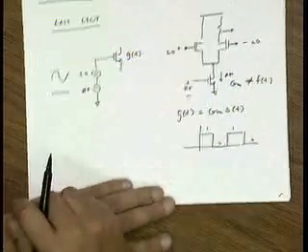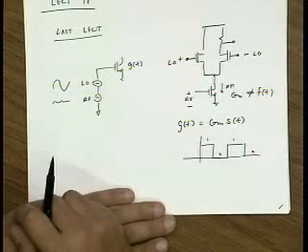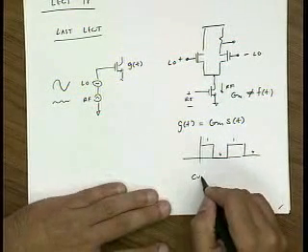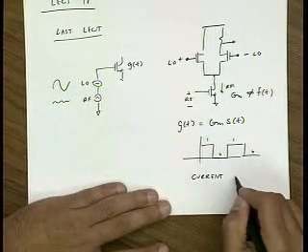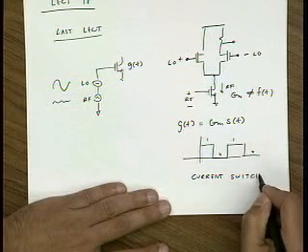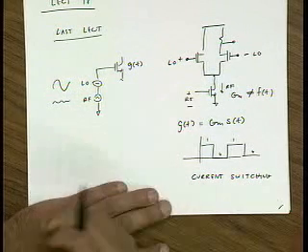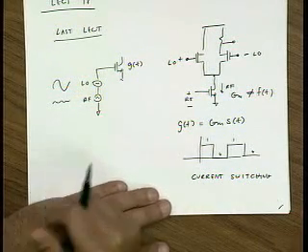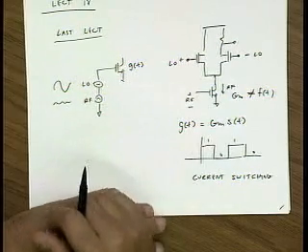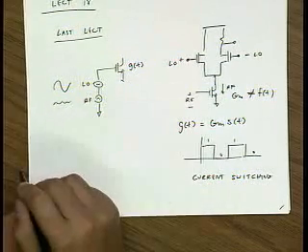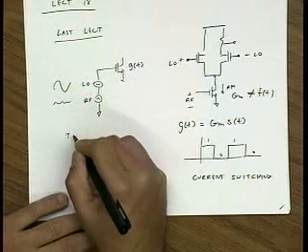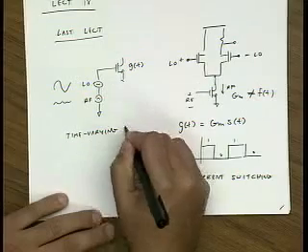Okay? So these are two classes of mixers. This is a current switching mixer. And as you can imagine, there's also voltage switching mixers, which we'll talk about. And this is, for lack of a better name, let's call it a time-varying GM mixer.